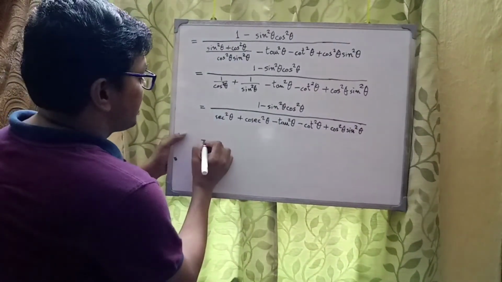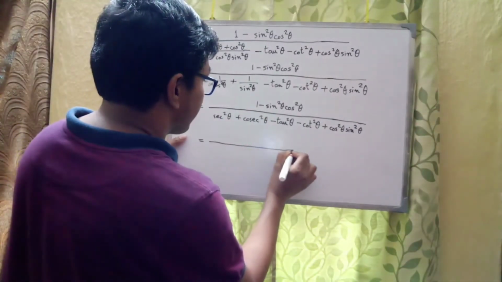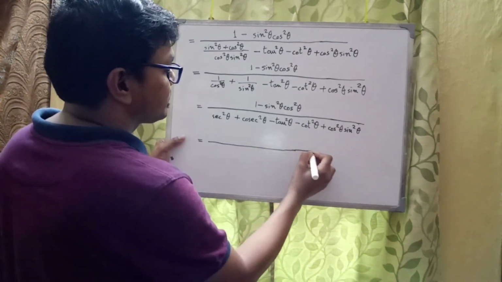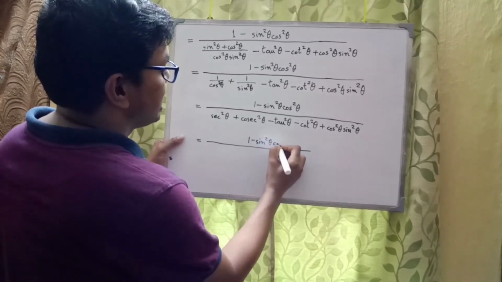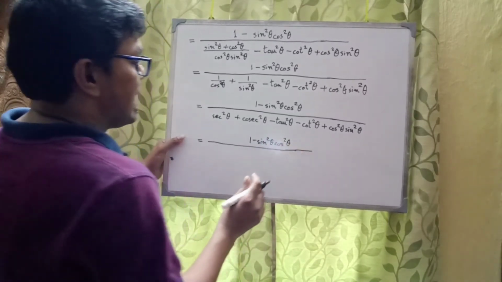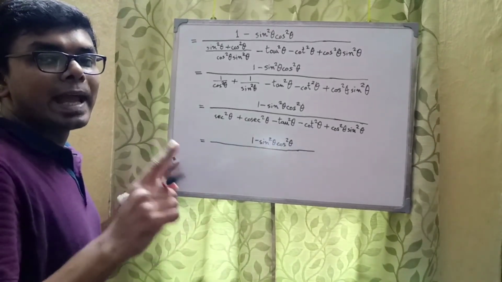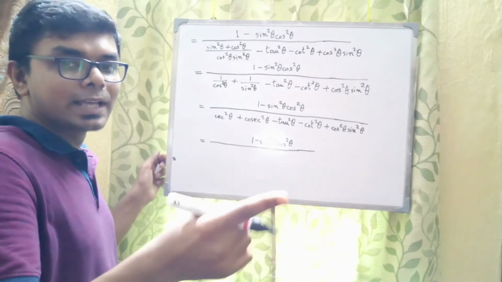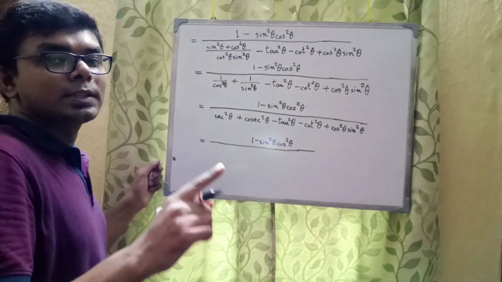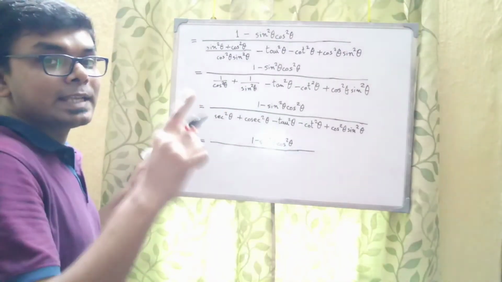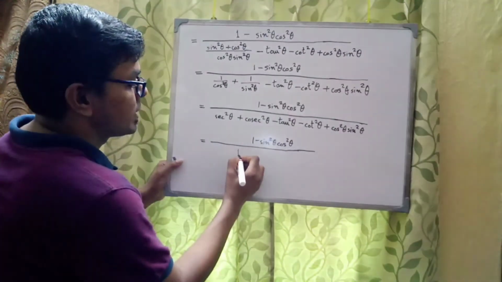Now here again the application of the standard trigonometric identities. See, we have 1 minus sin square theta cos square theta in the numerator, and you see we have sec square theta minus tan square theta. Now we have tan square theta plus 1 equals sec square theta. That is a common or standard trigonometric identity. So if tan square theta plus 1 equals sec square theta, then sec square theta minus tan square theta must be equal to 1. So I am writing over here 1.